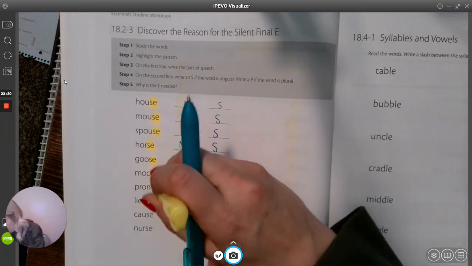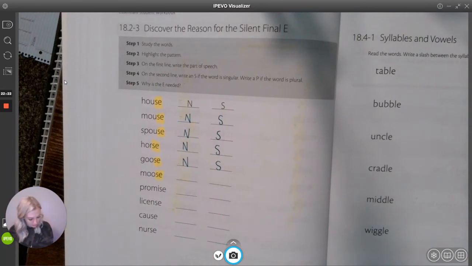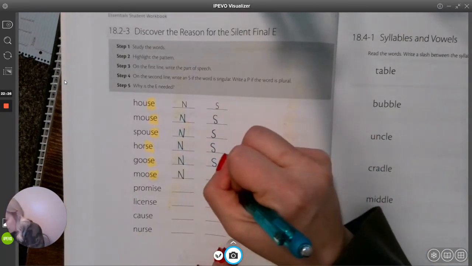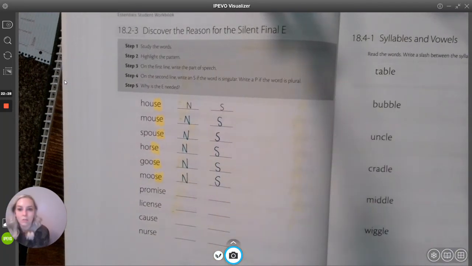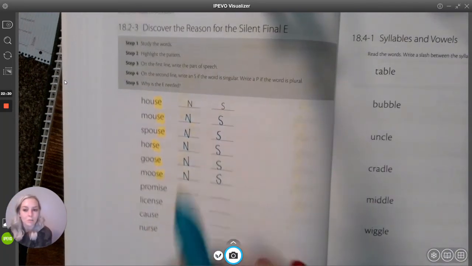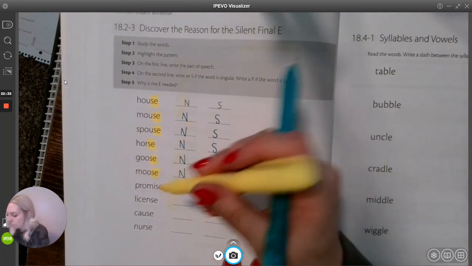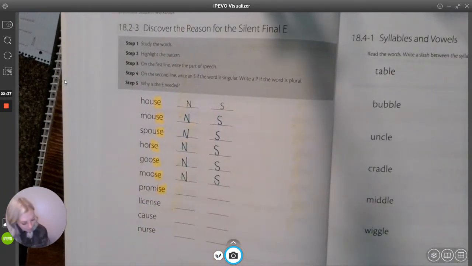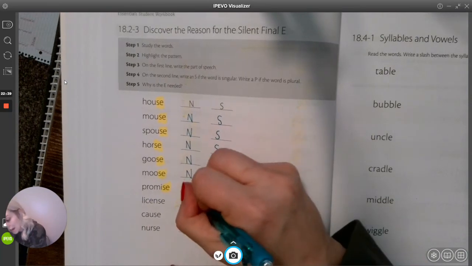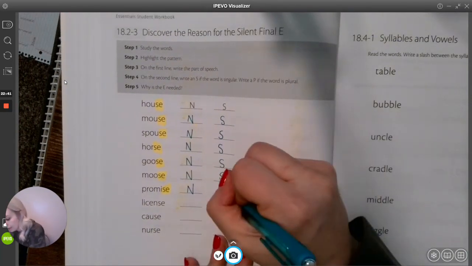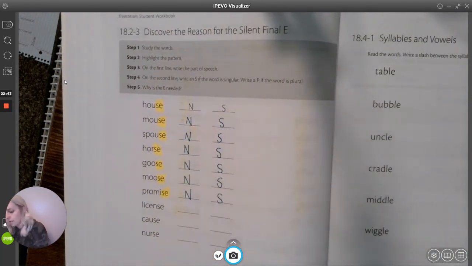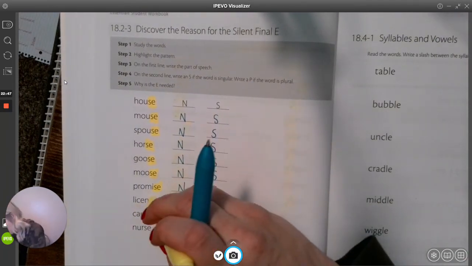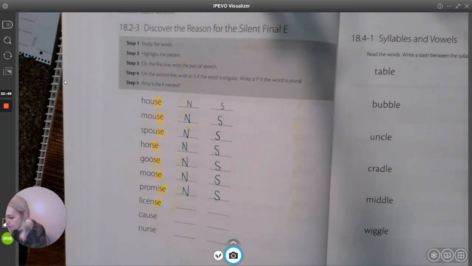A moose is SE. It is a noun, and it is a singular moose. It's not talking about multiple mooses. Promise, SE. A promise is a noun, and that is a singular idea. License, SE.